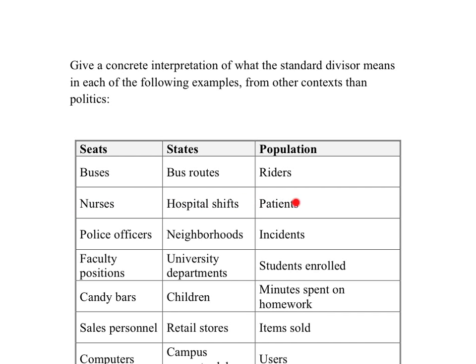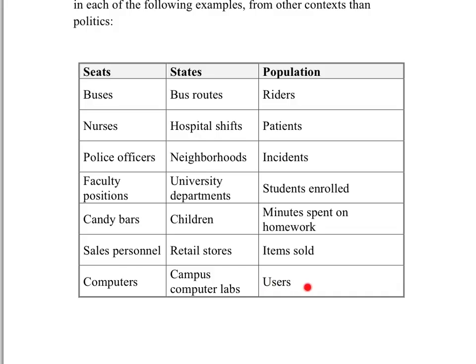Similarly, in apportioning nurses to hospital shifts based on patients, standard divisor equals the average number of patients per nurse, the average number of incidents per police officer, the average number of enrolled students per faculty position, the average number of minutes spent on homework per candy bar, the average number of items sold per sales staff member, the average number of users per computer. Okay? So it's always population per seat.